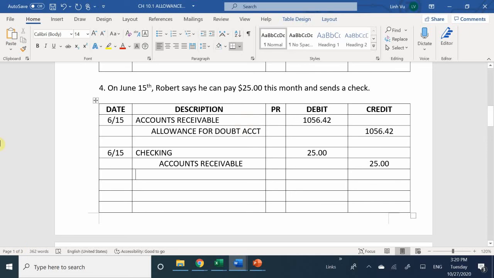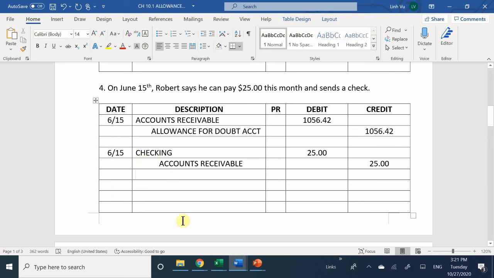So in this case, we recognize that we have checking and we decreased Robert's accounts receivable to now $1,031.42. Again, we're not dealing with the ledger, so we can't see that on our end, but when we deal with ledgers and subsidiary ledgers, you will be able to see it.